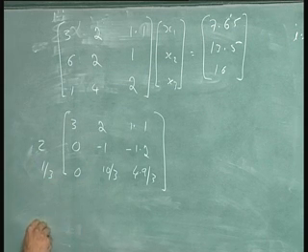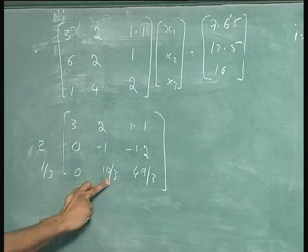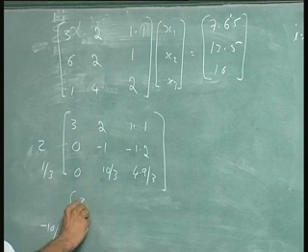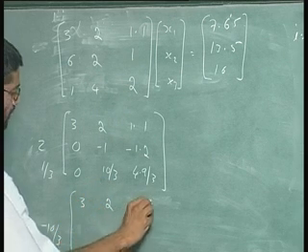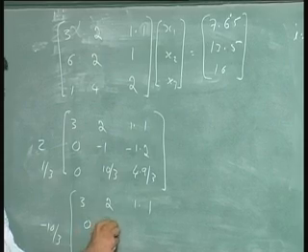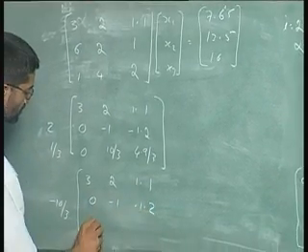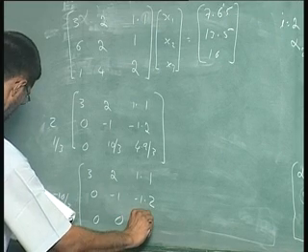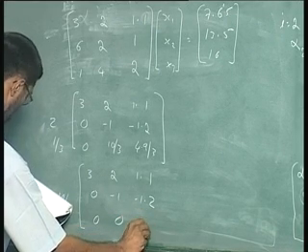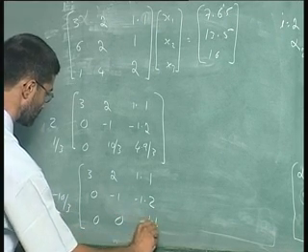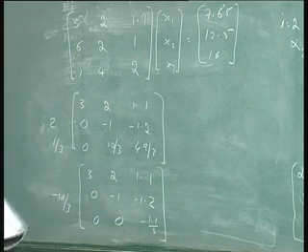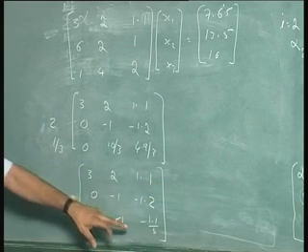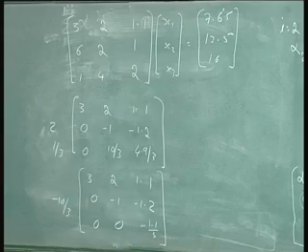So with the factor minus 10 by 3 going here, I would get this as 3, 2, 1.1, 0, minus 1, minus 1.2, 0, 0, and then this turns out to be just minus 1.1 by 3. So I got now an upper triangular matrix.